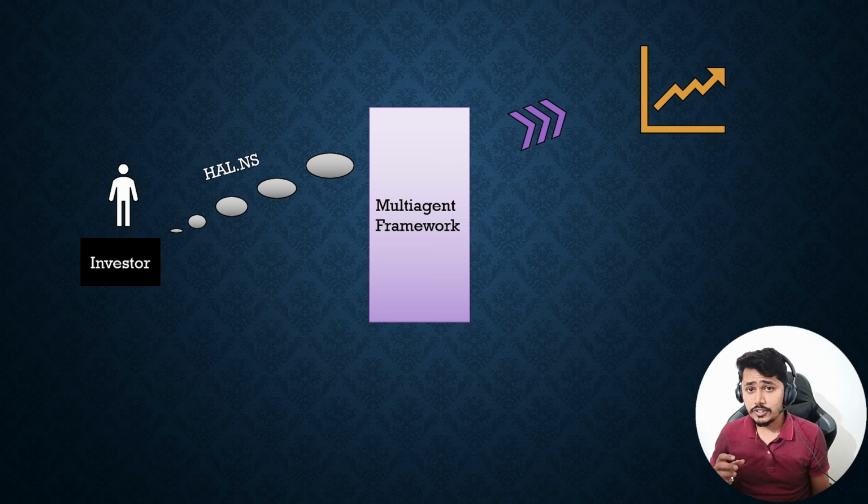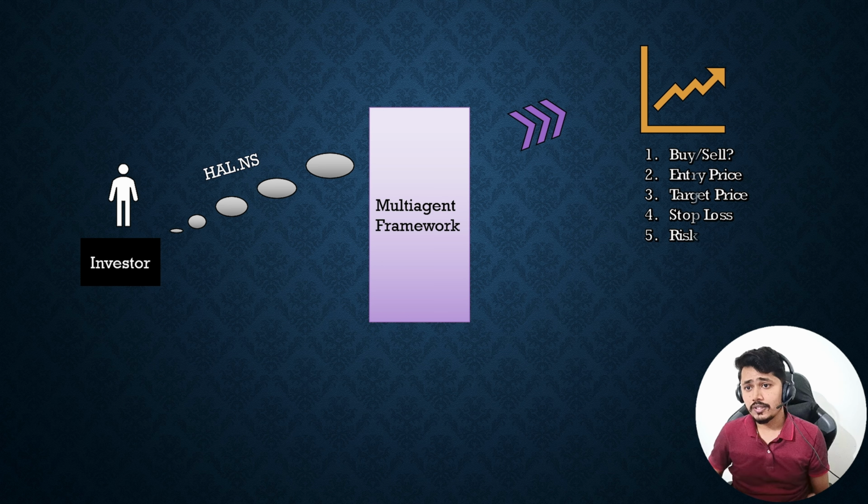Based on that statistic, it is going to tell us first whether to buy or sell the stock. If the model is saying buy, then what should be the entry price? That also it is going to detect. Then it is also going to tell us the target price, the expected target price that this particular stock is going to hit.